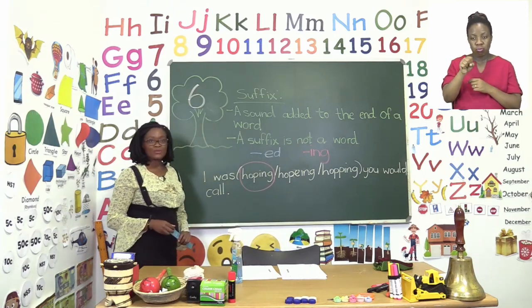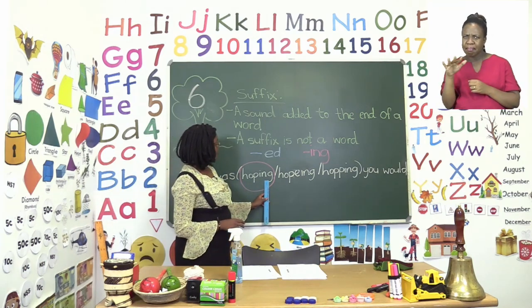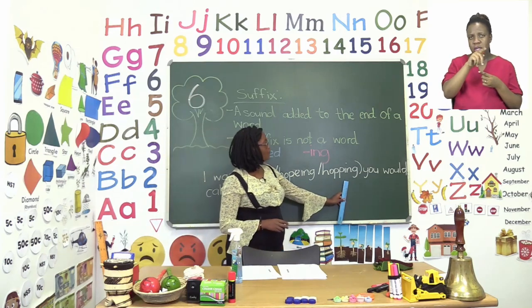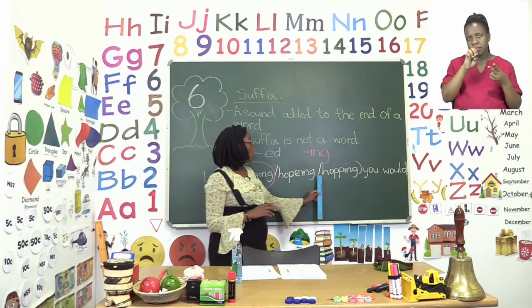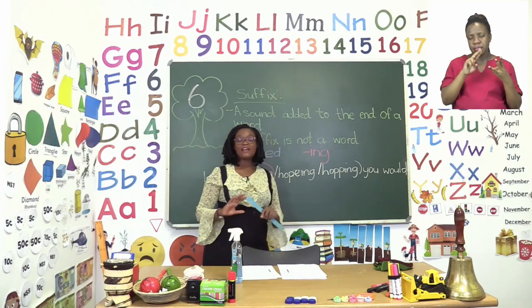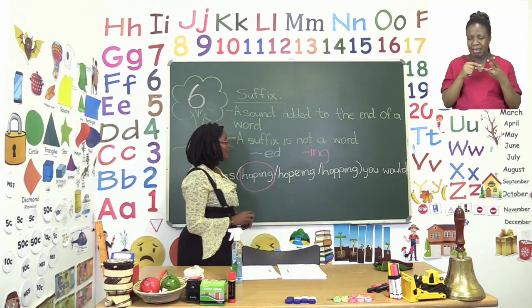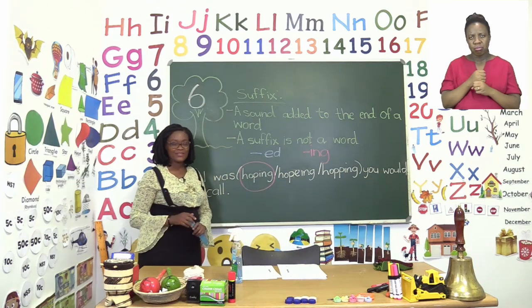Now we have three options for spelling. We have hoping, hoping, and hopping. Now, definitely it cannot be hopping because that word is the action of hopping. But it could be these two. How do we know the difference?